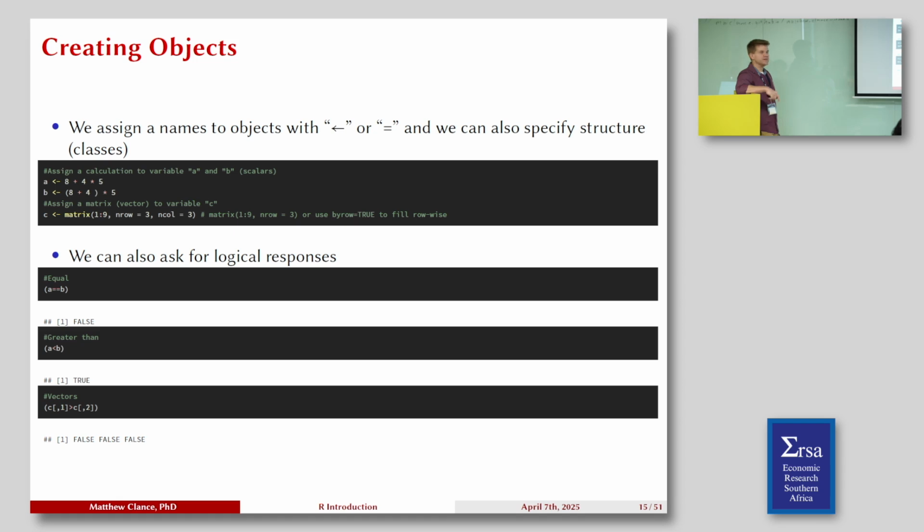But we can also assign the second portion to B, or assign it as a matrix. As long as we're defining these things, it will store those as objects, or sometimes I'll say data frames, and they're stored in the upper right-hand corner. And again, we can ask for that logical response, and we can define those logical responses as an object as well, to store that outcome. Okay.